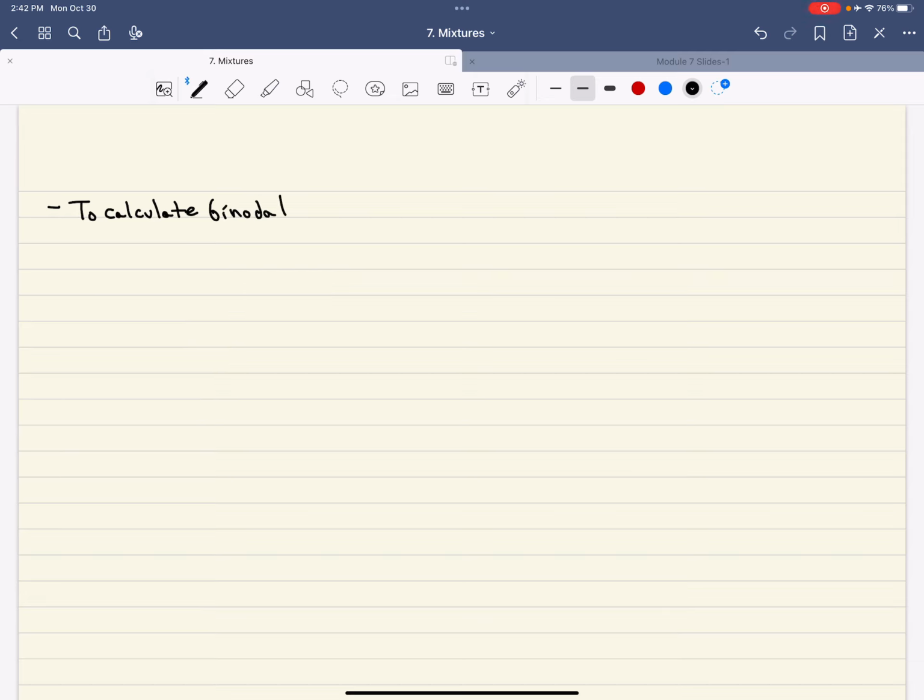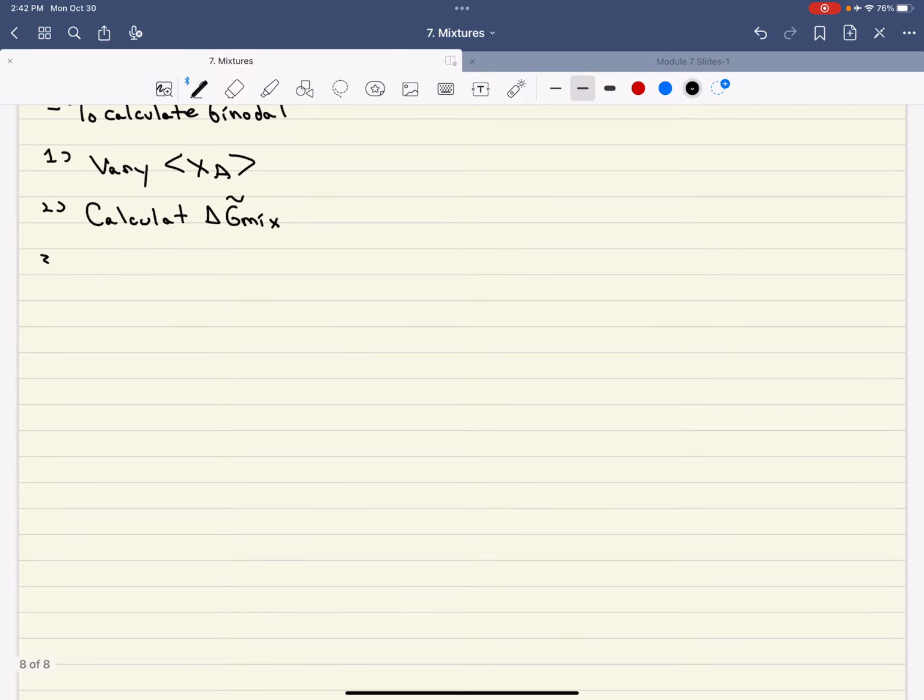And so in general, to calculate the binodal, the strategy you want to do is vary your mole fraction. So just come up with a range of mole fractions that you want to look at. Then you want to calculate delta G mix using whatever model you're using, whether it's regular solution theory or something more complicated.